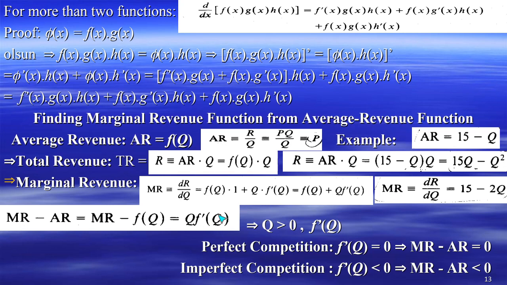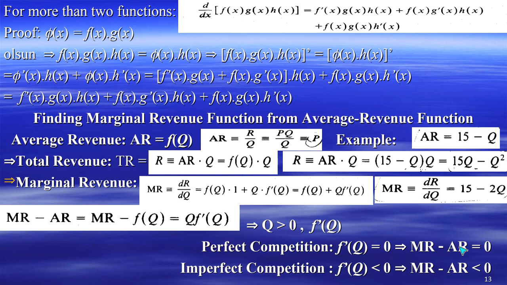F prime of Q is negative, a downward sloping inverse demand function, average revenue function, means MR minus AR is negative, MR less than AR. Marginal should be less than the average in order to take the average down, to make the average sloping downwards, a decreasing function.